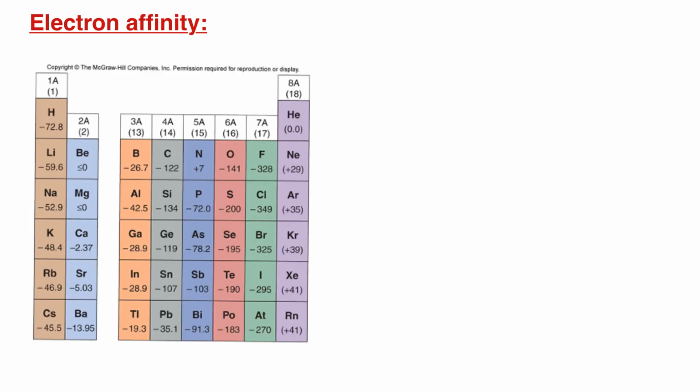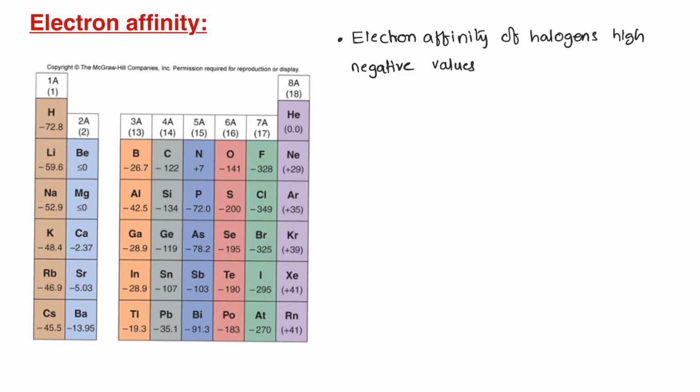The figure below shows electron affinities in kilojoules per mole for various representative elements. For example, group 17 elements, that is halogens, have a very high electron affinity. That is, these atoms are more likely to accept an electron and form anions.